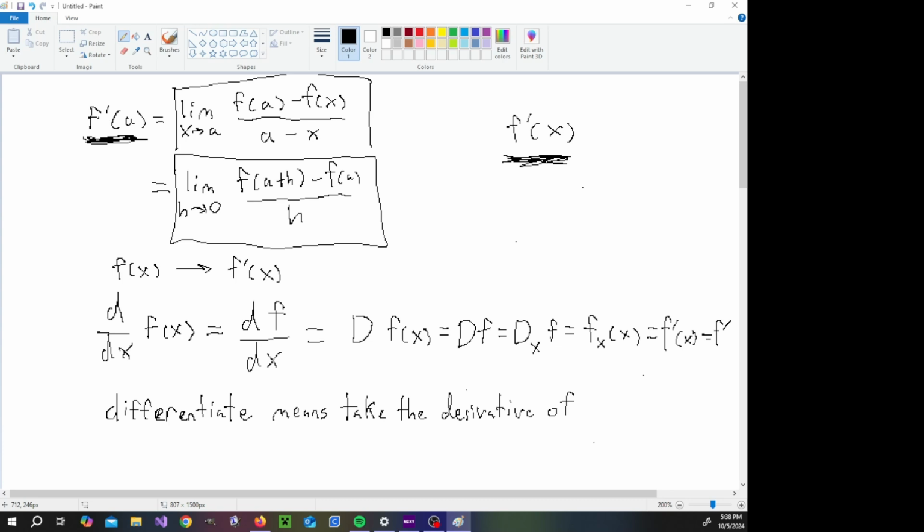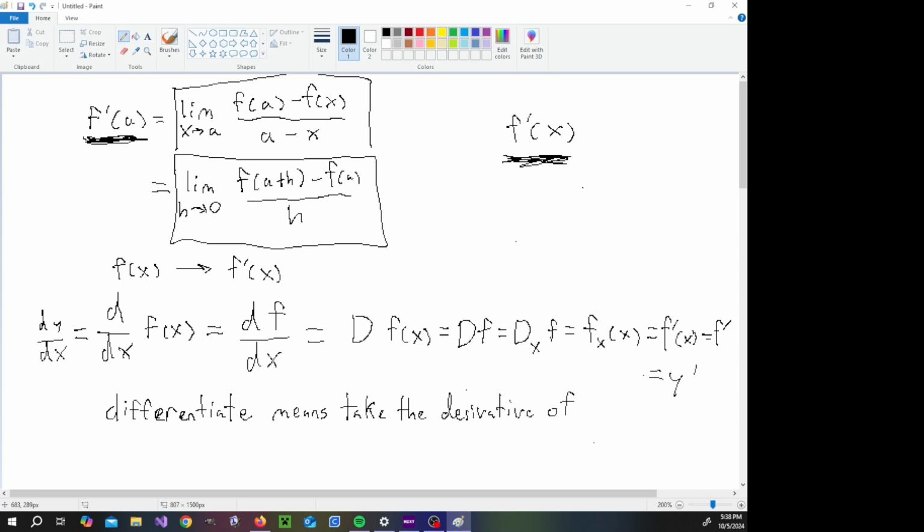It turns out all of these are going to be the same thing. And sometimes they'll just replace f with y. We like to write y equals x, so it turns out this is also dy dx, or y prime is the same thing.